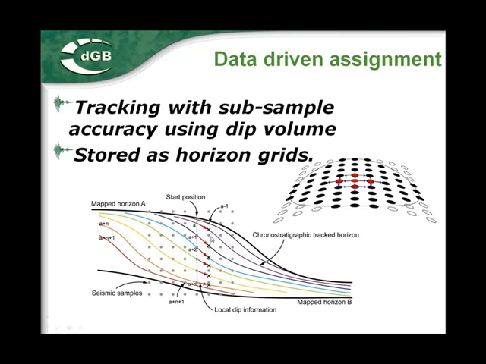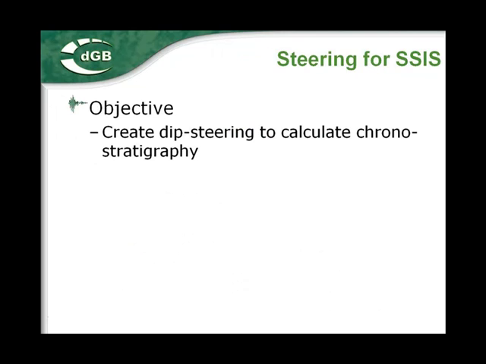So we use that: if there's a lot of convergence, we terminate horizon tracking, and when there's a lot of divergence, we insert new horizons. That way we implicitly map the angular nonconformities in this workflow, but we can only do that when we have a good steering available.